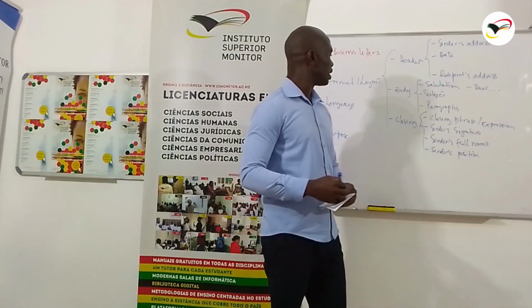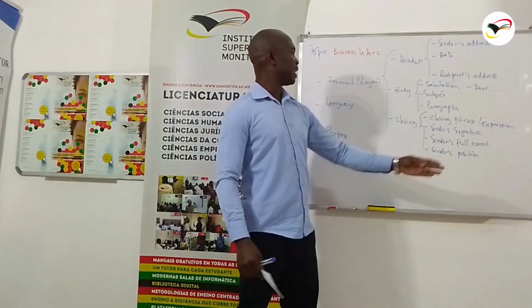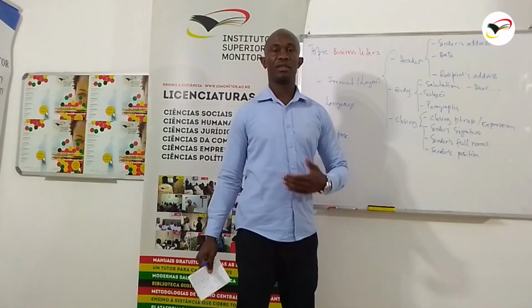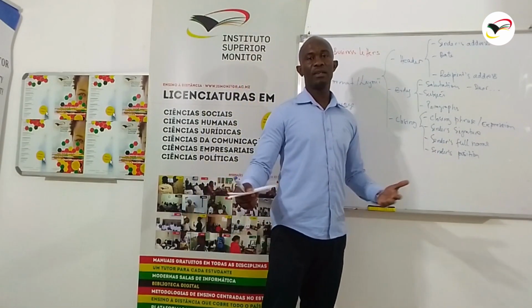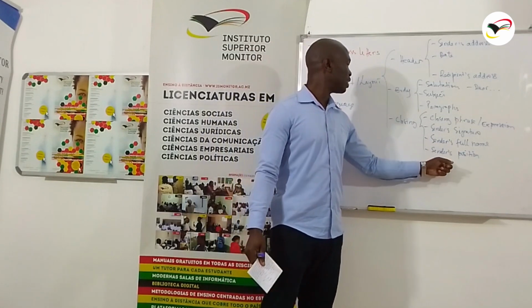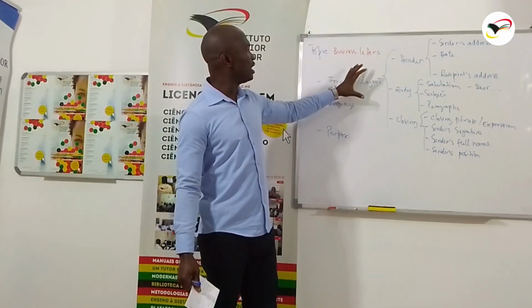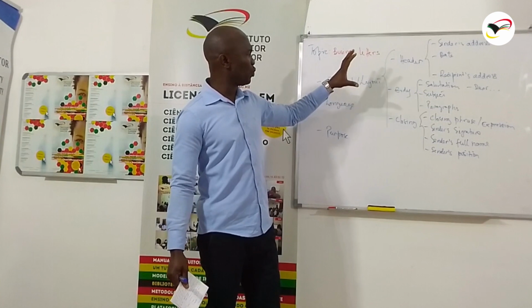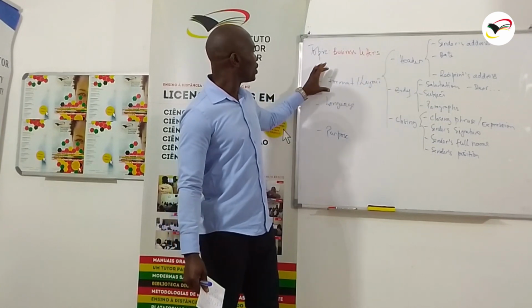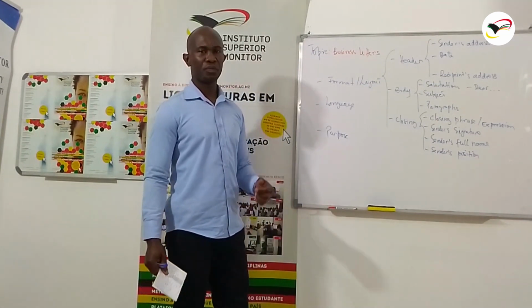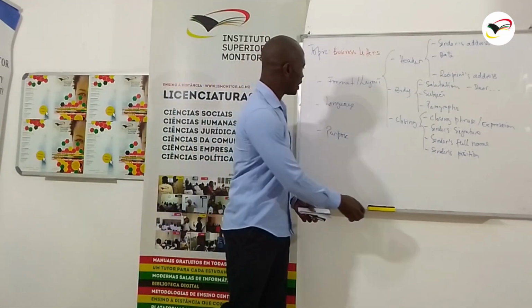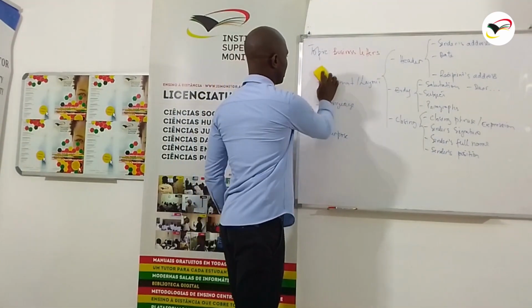After that, we have the sender's signature, the sender's full name, and sometimes the sender's position. So this is what we have in terms of business letter format. Then we can move to the language of the business letter.